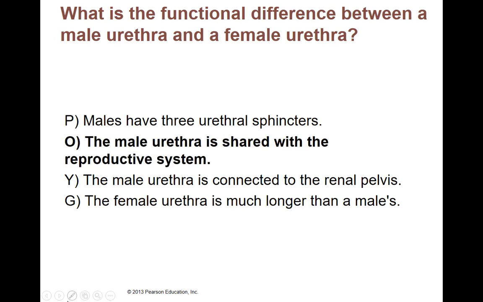Function-wise is orange. The male urethra is shared with the reproductive system as well. And so semen travels through it as well as urine.